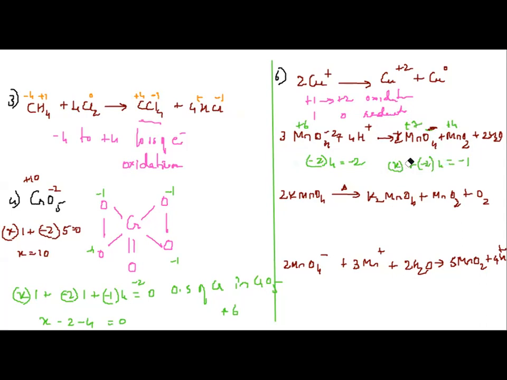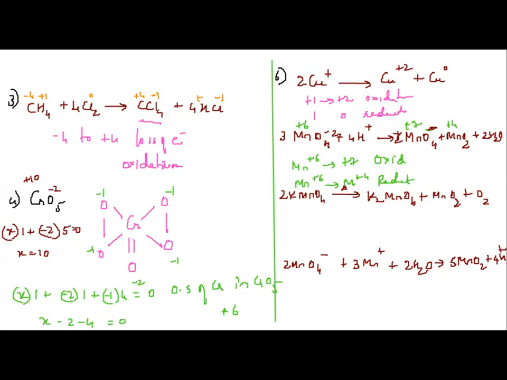Okay, we understood the oxidation states of Mn. Let us verify now. Mn from plus 6 is becoming plus 7, an increase in oxidation number, oxidation. And Mn from plus 6 is becoming plus 4 by gaining electrons, reduction. So both oxidation and reduction are taking place with the same element.